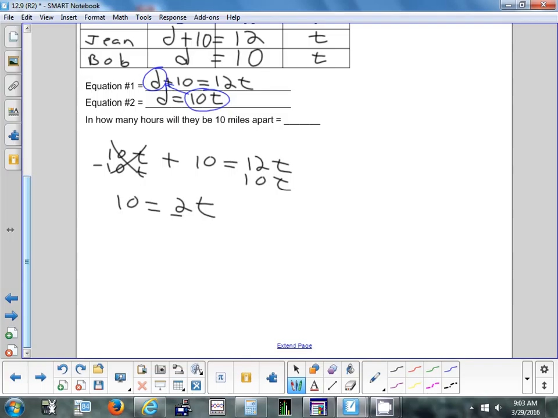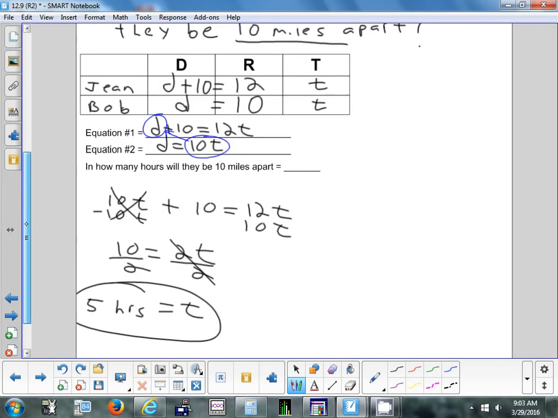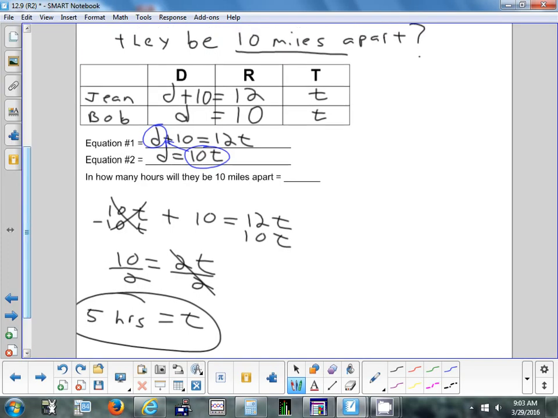Divide by 2. You get, so what's the time? 5 hours. Yep, it's not miles per hour because it's a time. So just 5 hours. So the question is, how long is it going to take for the two people to be 10 miles apart? It's going to take 5 hours.